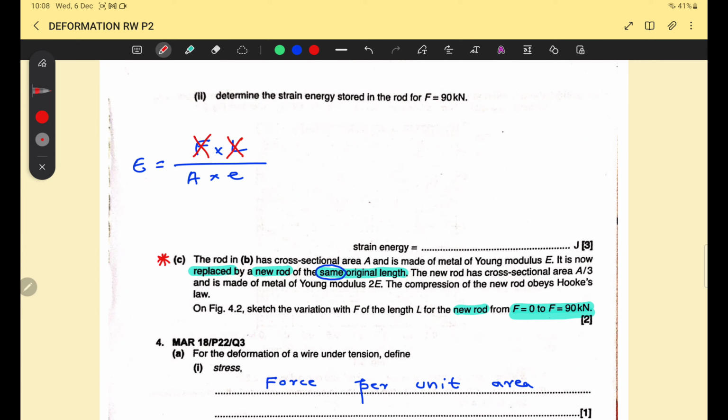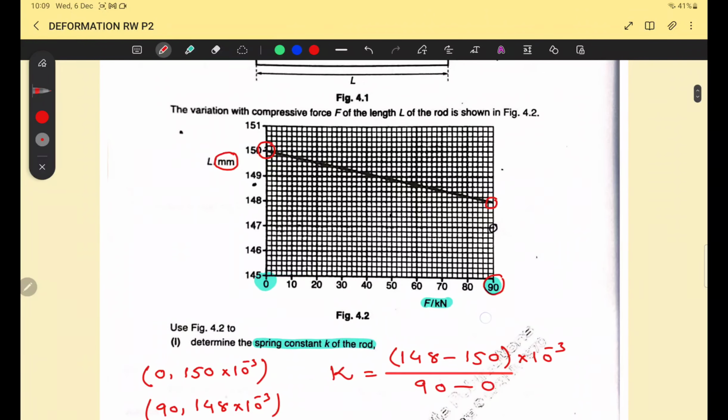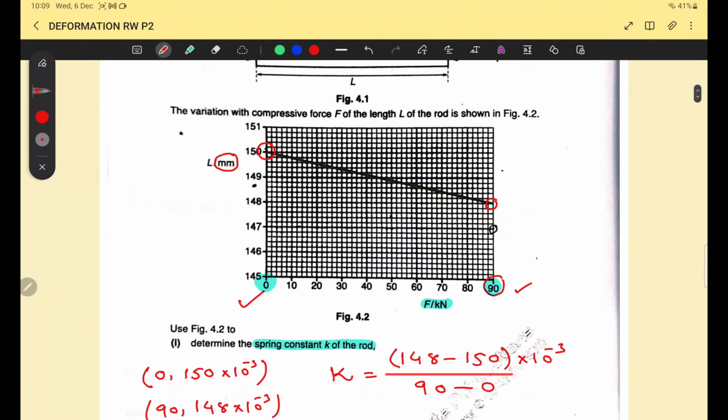So same ko kato, I have cut force as well. Now if I ask you to make small e the subject, then e is equal to 1 upon A into E, and in the last class we noted 0 to 90 kilonewton.